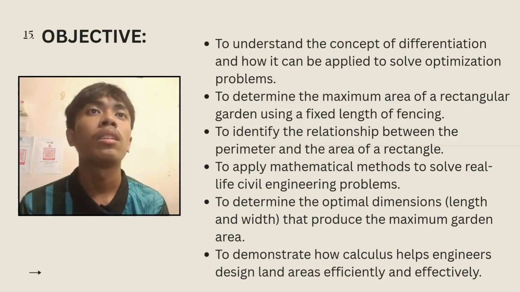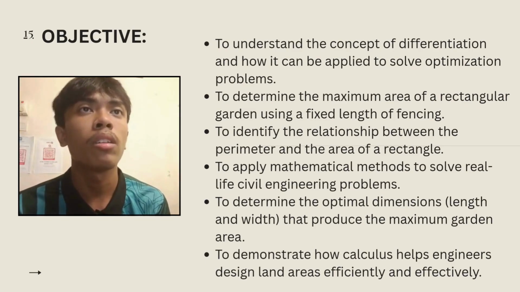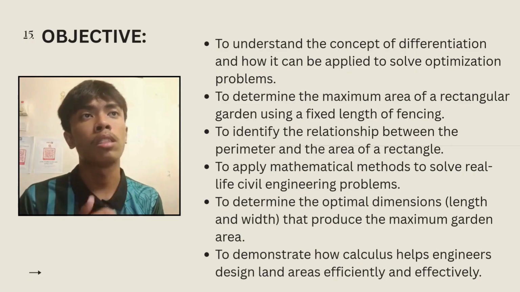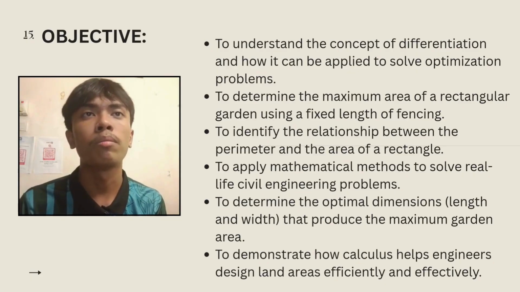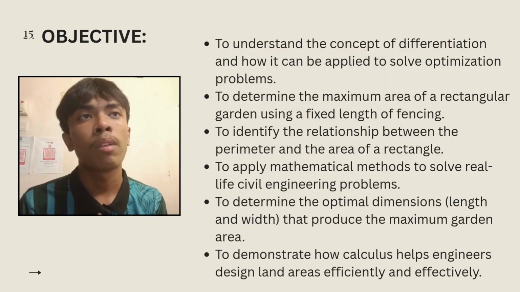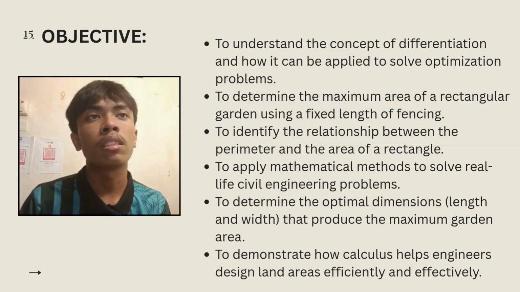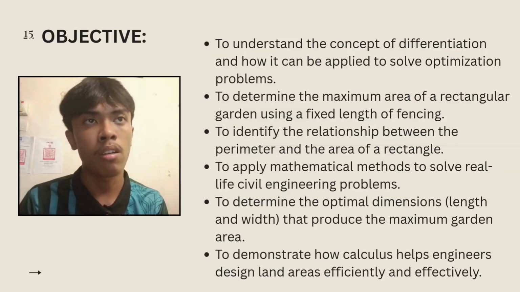The objectives are first to understand the concept of differentiation and how it can be applied to solve optimization problems, and to determine the maximum area of a rectangular garden using a fixed length of fencing. Also, to identify the relationship between the perimeter and the area of a rectangle.